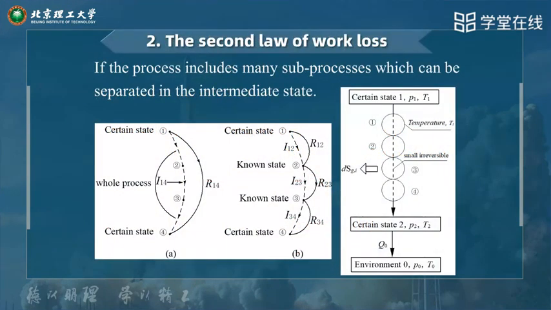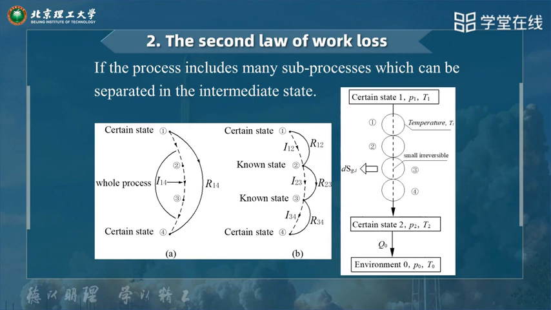Problem 2. The second law of work loss. If one large process includes many sub-processes which can be separated in the intermediate state. For example, from state 1 to state 2, here is a larger process.